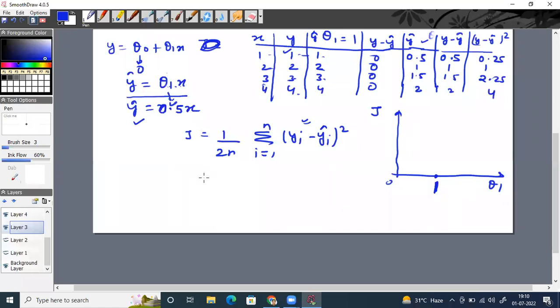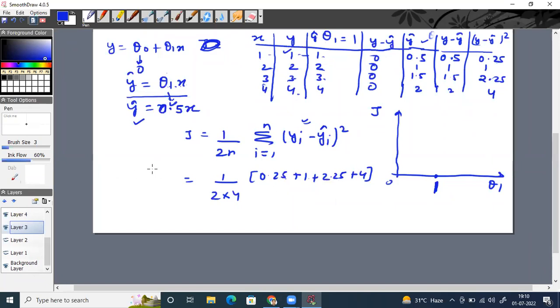So to find this cost function, how many points have we taken? 1, 2, 3, 4. So it will become 1 upon 2 into 4, and the sum of these values. What are these values? 0.25 plus 1 plus 2.25 plus 4. If we compute this, 6.25 plus 1 is 7.25, plus 0.25 is 7.5.